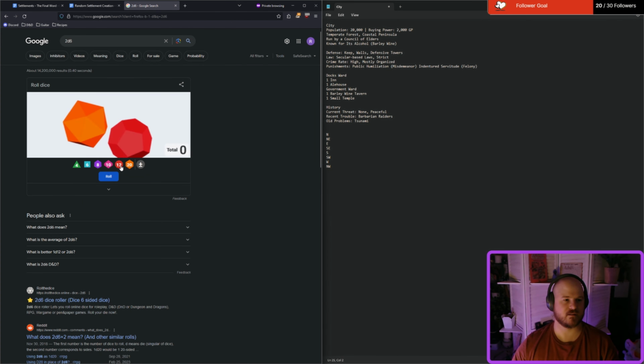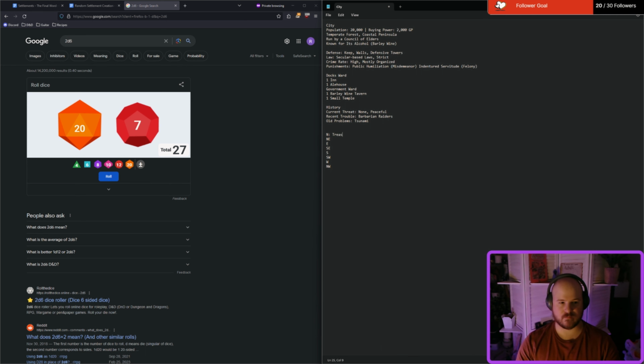Ooh, 20. Natural 20. So a treasure rumor to the north. Seven leagues away. Interesting. Some sort of marker.